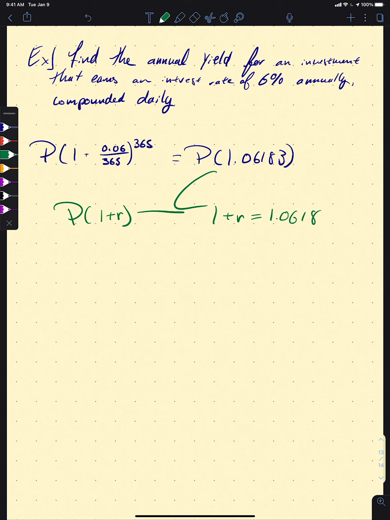Which means if I subtract 1 from both sides, my rate is 0.0618, or 6.18%. So for an investment that returns 6% annually, if I compound daily, there's an annual yield, or rather an effective annual interest rate, of 6.18%.